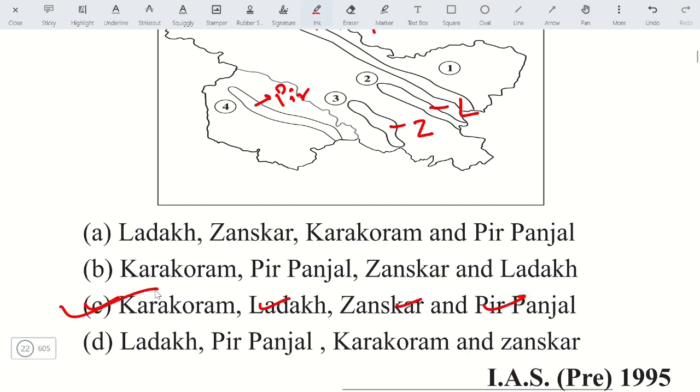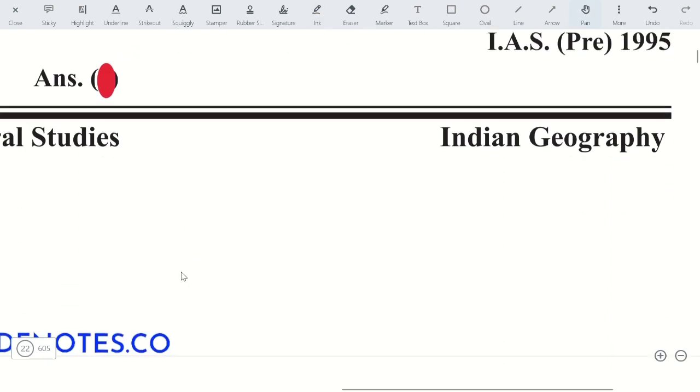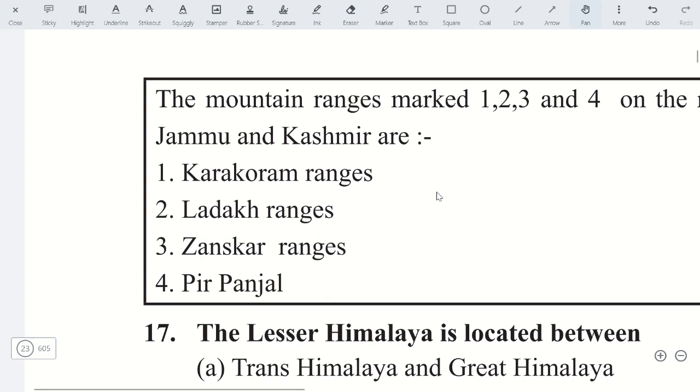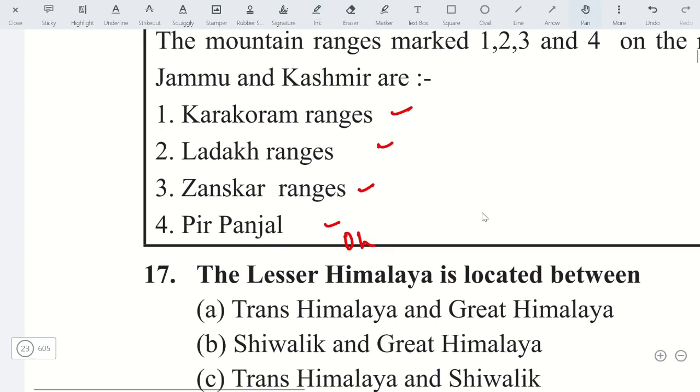Answer will be C. Let's move on to the next question. If you remember the sequence from north to south, then you will also remember the south to north. Karakoram, Ladakh, Zaskar, Pir Panjal, Dhauladhar. So remember this sequence.